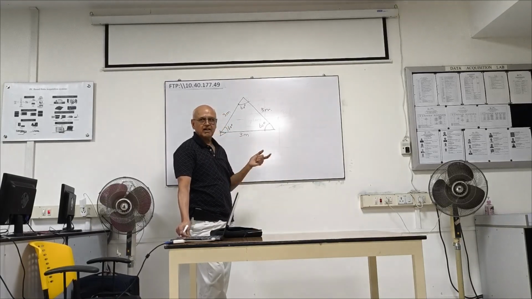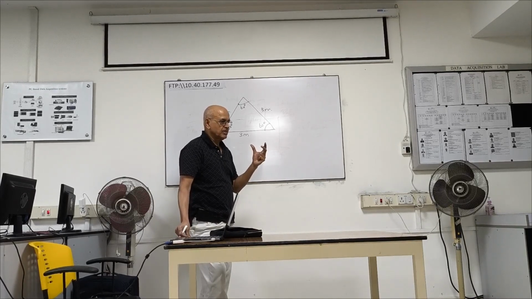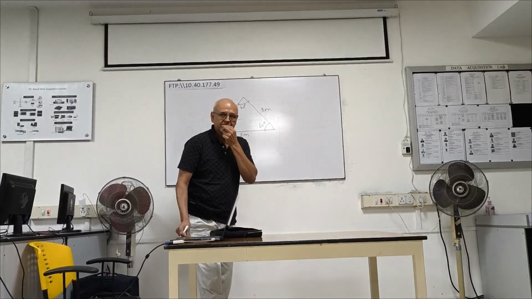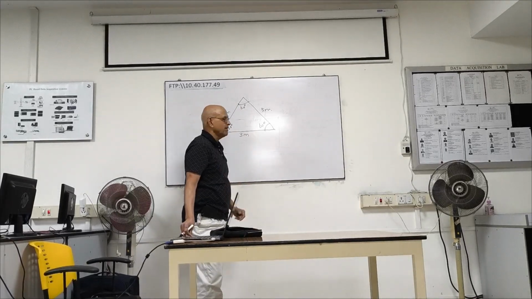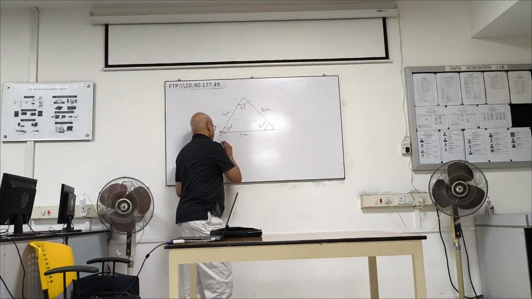So, how are you going to go about doing this? Now, at the most elementary level, you'll say, okay, it's pointed at the next vertex, so I'm going to set a velocity, maybe 0.4 meters per second.